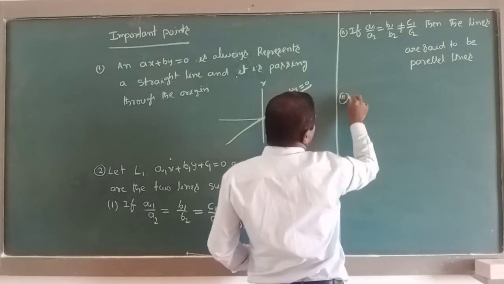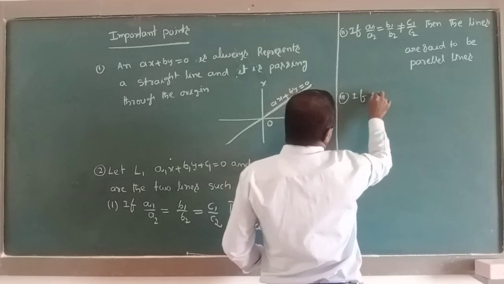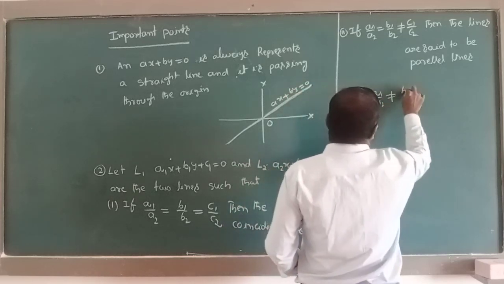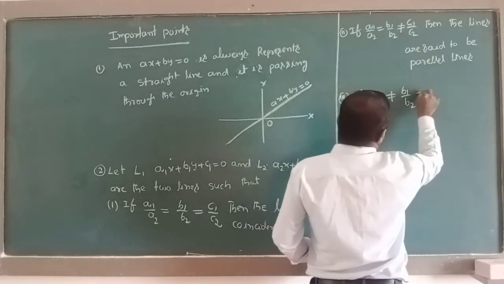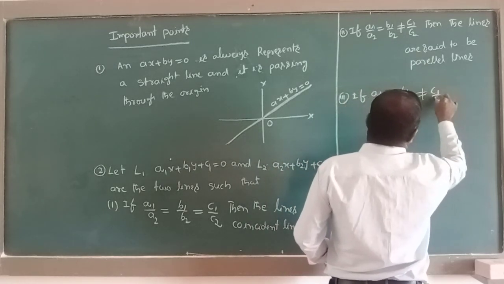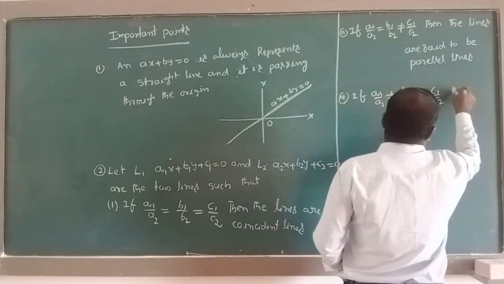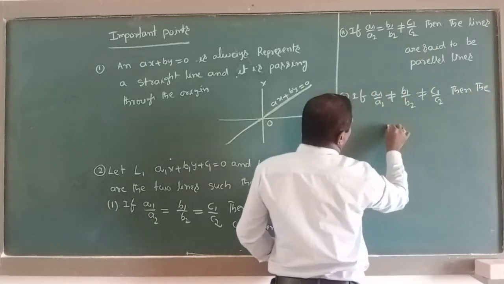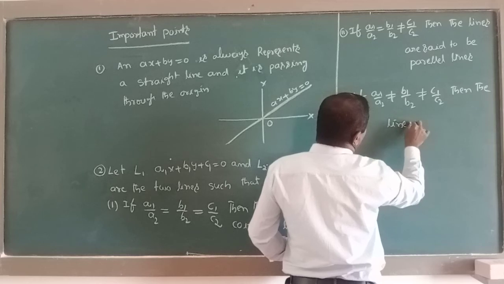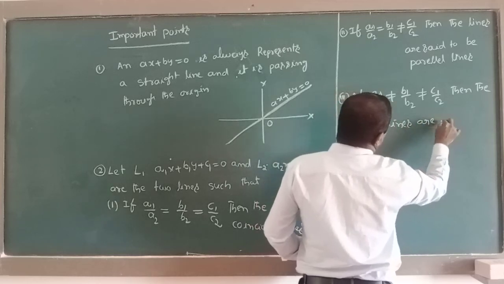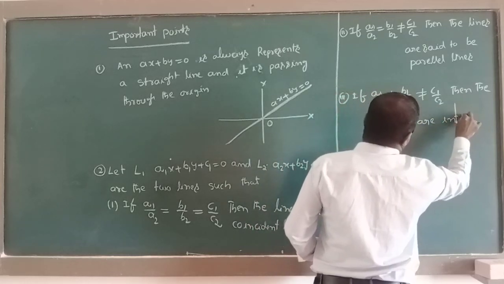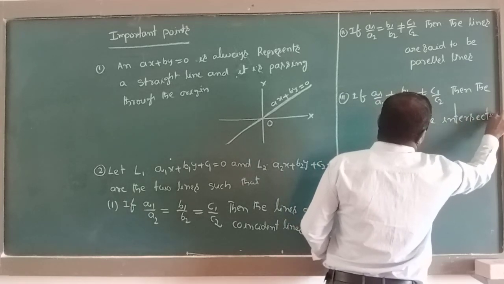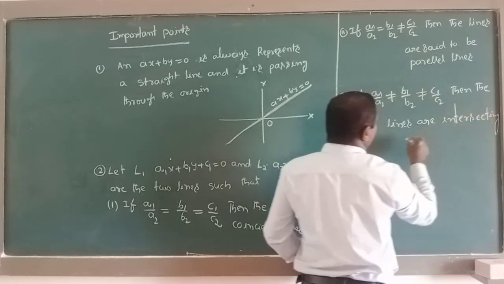Third, if a1 by a2 is not equal to b1 by b2, then the lines are intersecting lines.